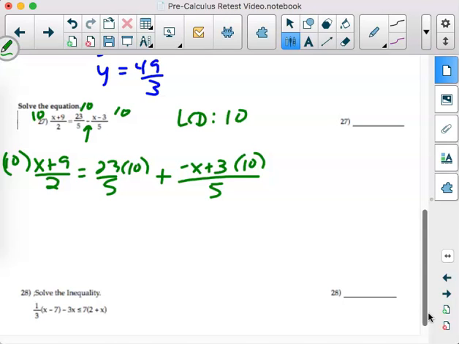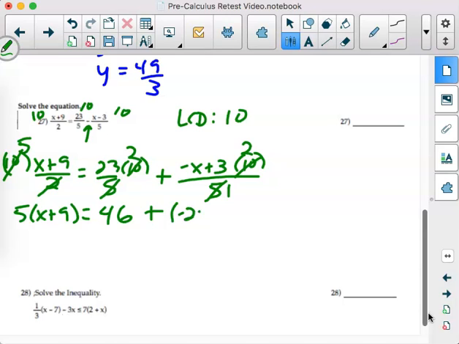So if we multiply all of these by 10 here, we'll reduce and get 5 times the quantity x plus 9. Here we'll get a 2, and 23 times 2 is 46. Back here, reduce, and we'll have 2 times negative x plus 3, so that will be a negative 2x plus 6.